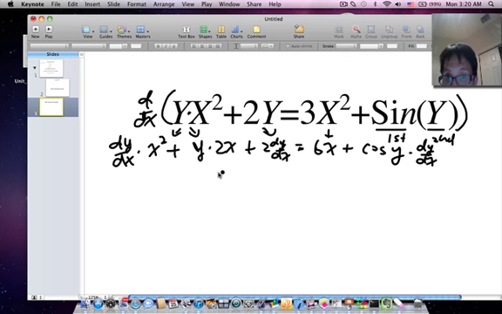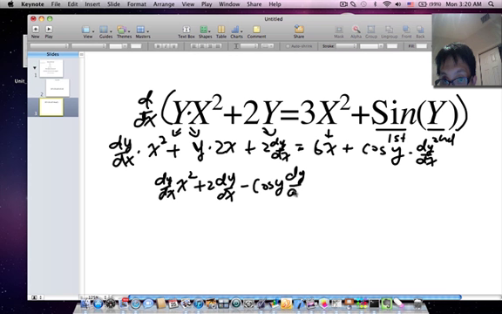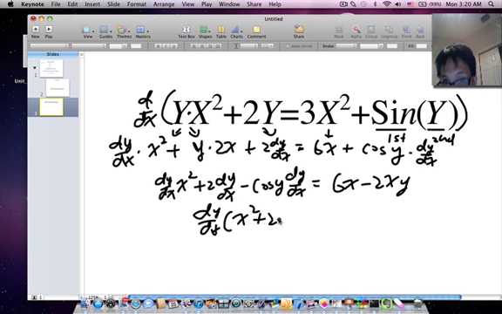Move all the dy/dx terms to one side, so dy/dx times x squared plus 2 dy/dx minus cosine of y dy/dx equals 6x minus 2xy. Factor dy/dx out: dy/dx times (x squared plus 2 minus cosine of y) equals 6x minus 2xy.